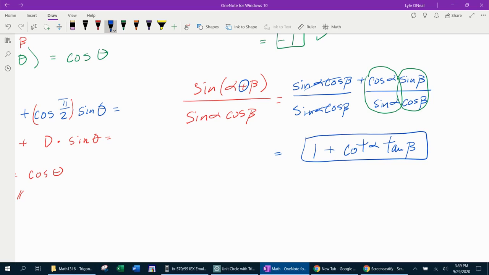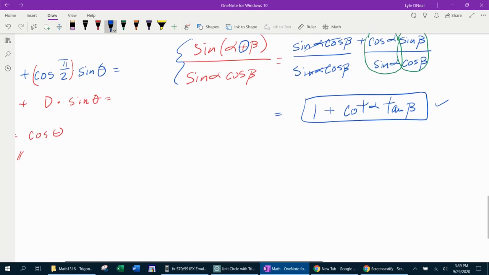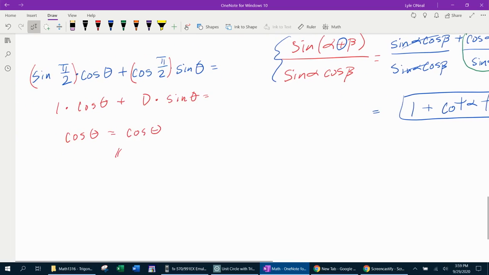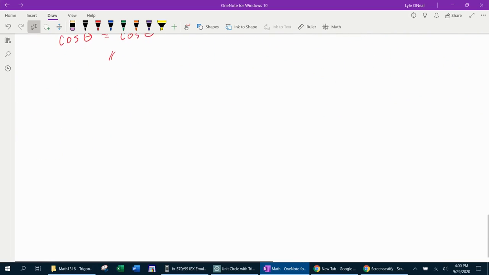And what we've just done is we've simplified this fraction, which could also be establishing an identity, or this could be a trig proof. Either way, showing you how to implement the sum and difference formulas, okay?